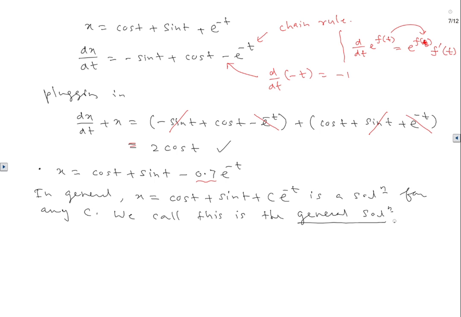Now what you can do is find special solutions. These are what we normally call particular solutions, or special solutions. We can find a solution that passes through a special value.